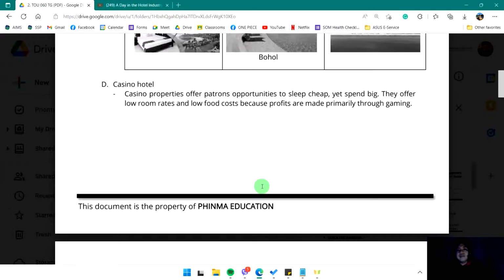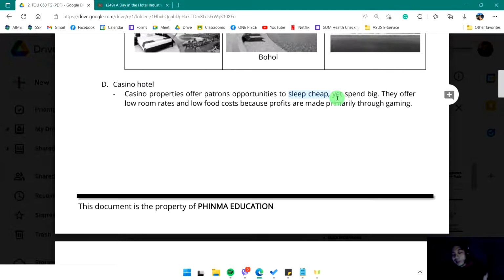Next, we have the casino hotels. So again, based on the term itself, it's pretty much self-explanatory. We have these hotels basically for games, for gambling purposes, for casino patrons. Mura lang most likely, pero malaki silang gumastos, yung mga target, yung pinaka-audience patrons ng ganitong klaseng hotels.